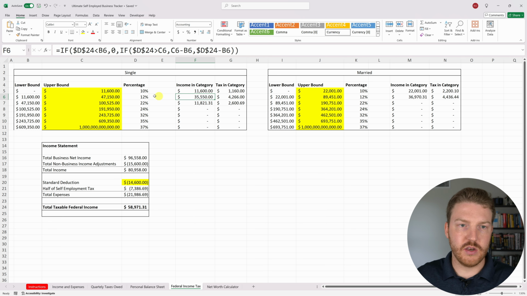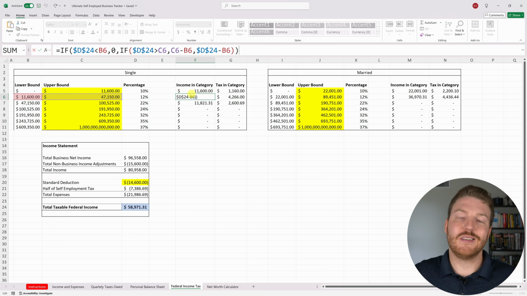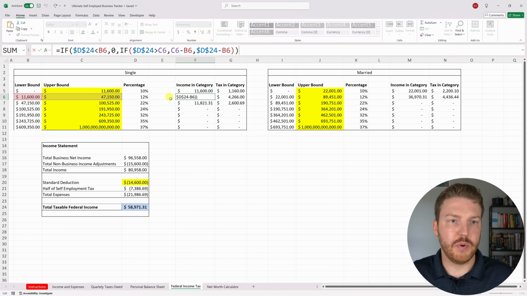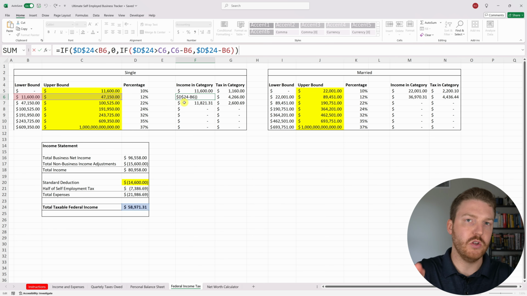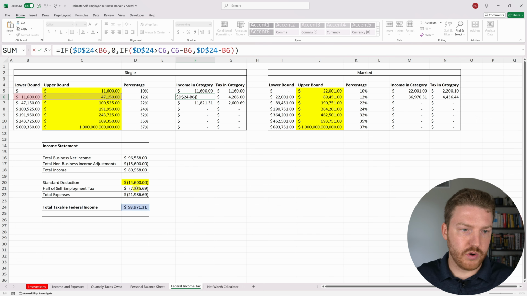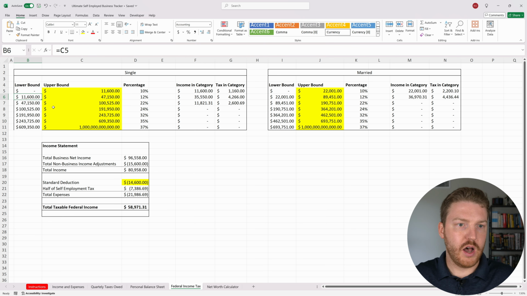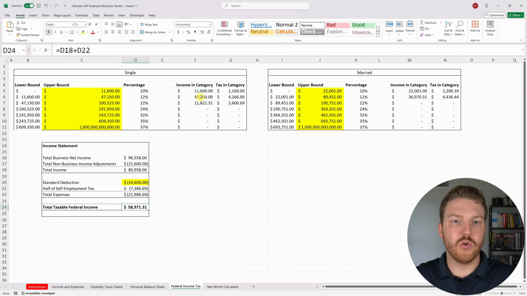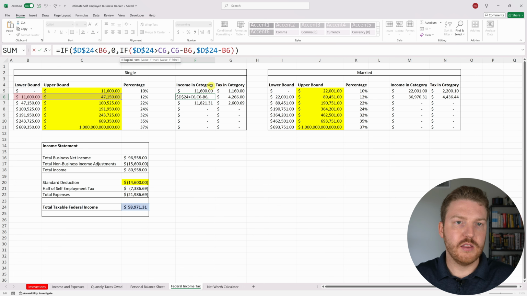Now we get into the next bucket, which is going to be a slightly more complicated formula where basically we're trying to figure out how much falls into this bucket. So it's going to be if D24, so if this value is less than this lower bound, this 11,600, then there's really going to be nothing in this bucket at all.